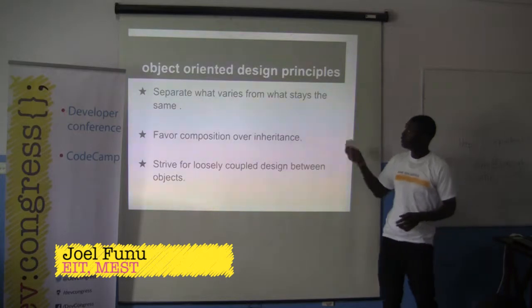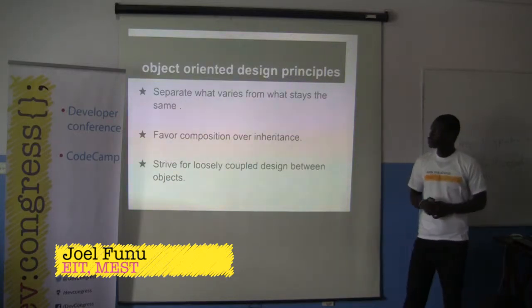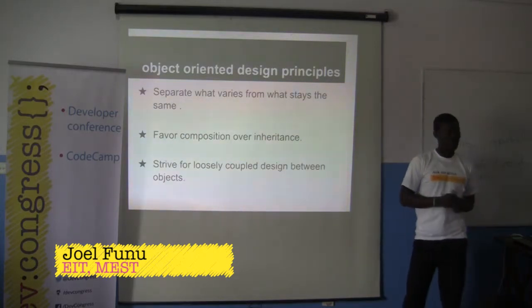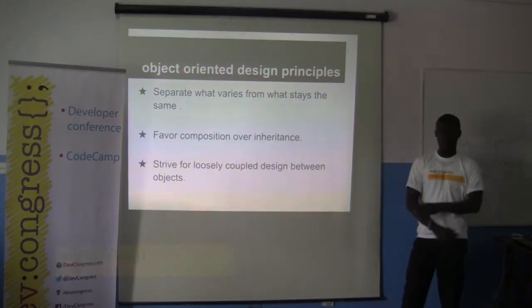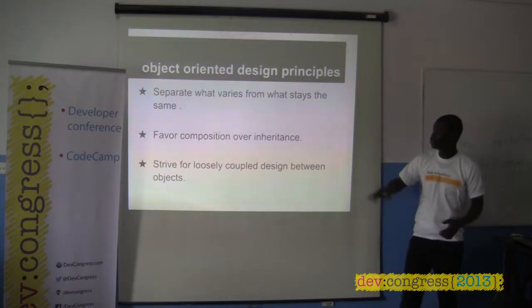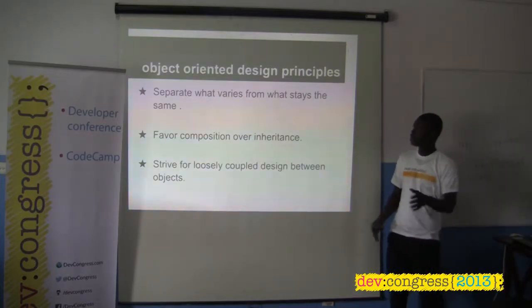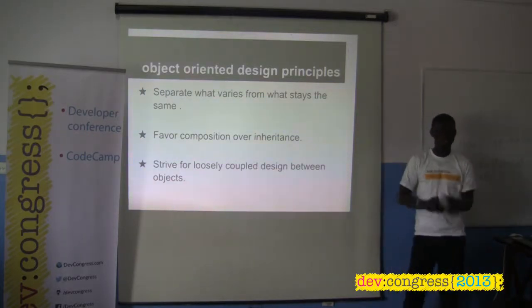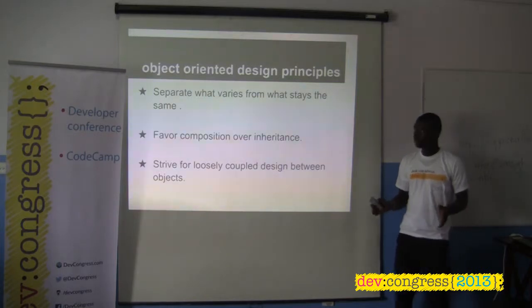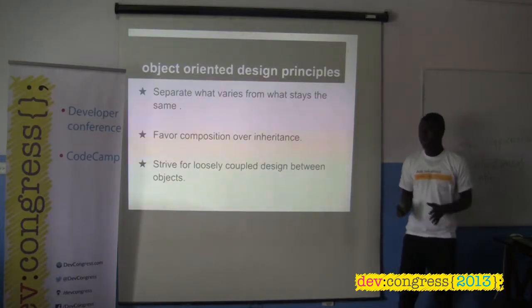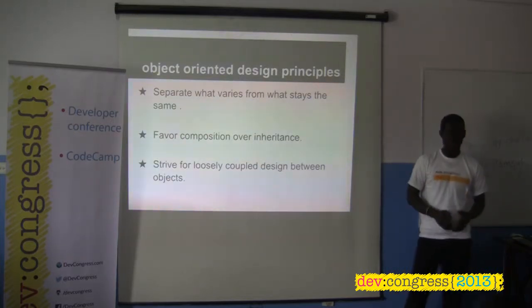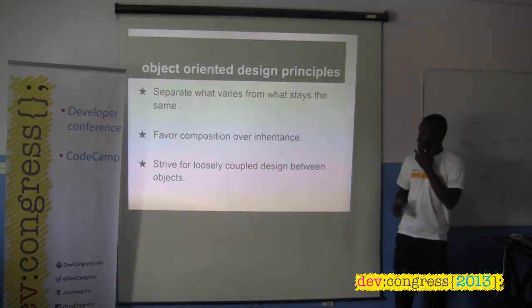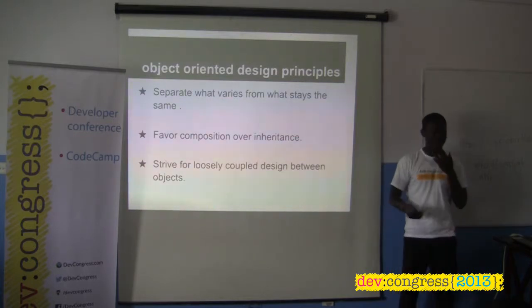And then some object-oriented design principles. Design patterns help you to think through your application before you code, right? In the process of thinking through your application, you're able to separate what varies, what is likely to change over time, from the things that are always going to be constant. And then you should always favor composition over inheritance.